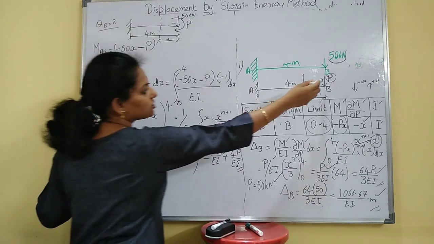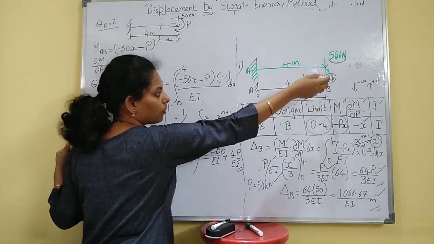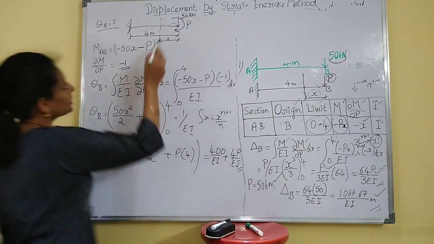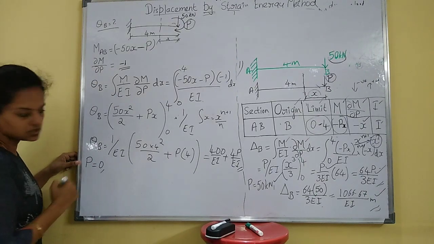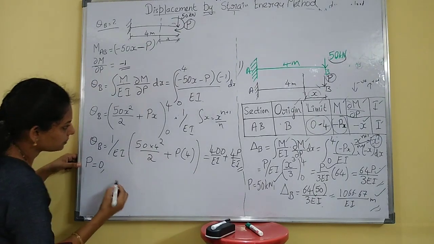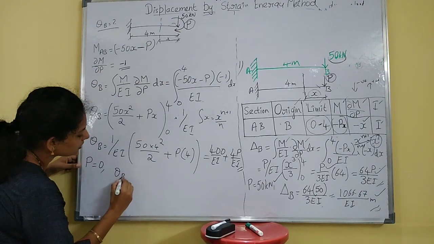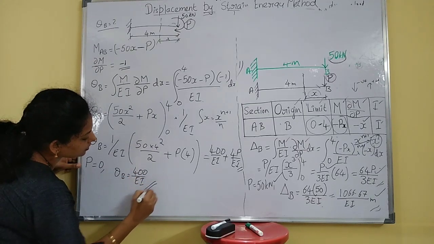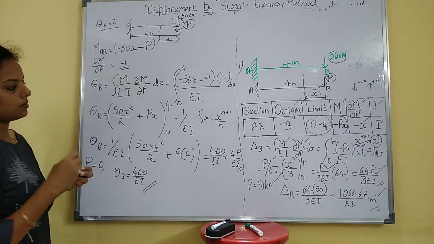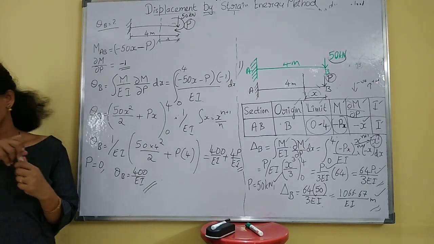See here, there is no rotation given in the actual problem, so this P is your assumed P. So P is nothing but 0. Just substitute P and you have theta B. Theta B is nothing but 400 by EI, since P is equal to 0.